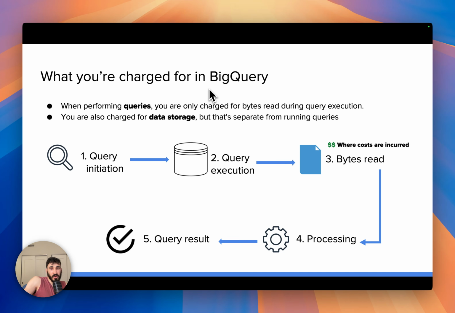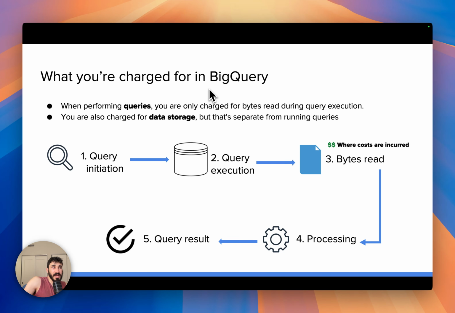Now, what do you get charged for in BigQuery? You could have a cost question come up in BigQuery. So it's important to know that when you are performing queries, what you are charged for are the bytes read during query execution. You are also charged for data storage, but that is separate from running queries. So the way this works is your query is initiated, your query is executed, and then the bytes are read.